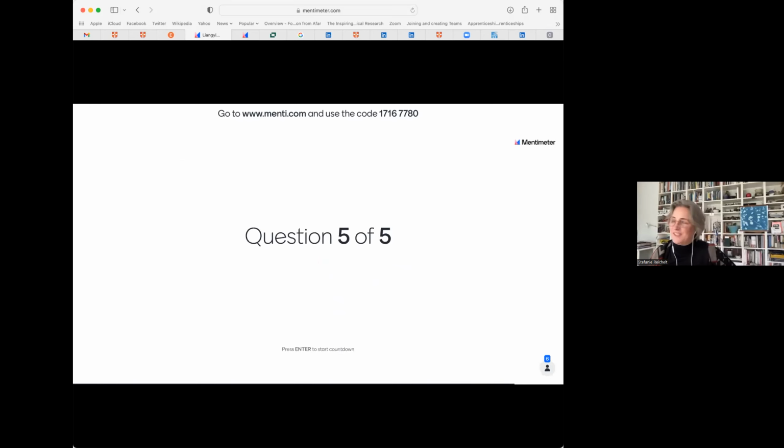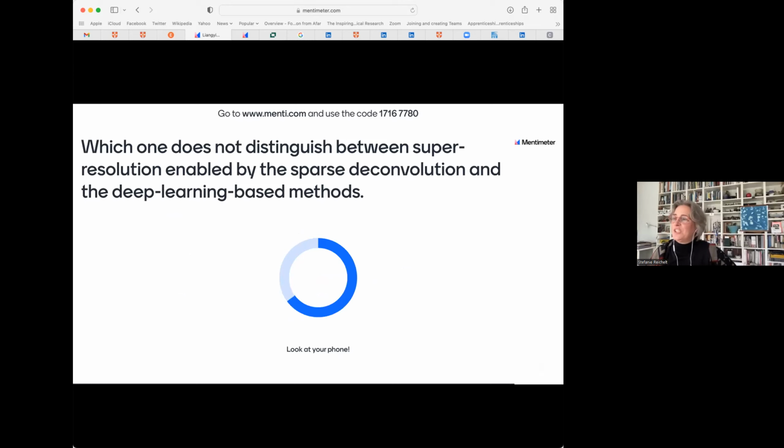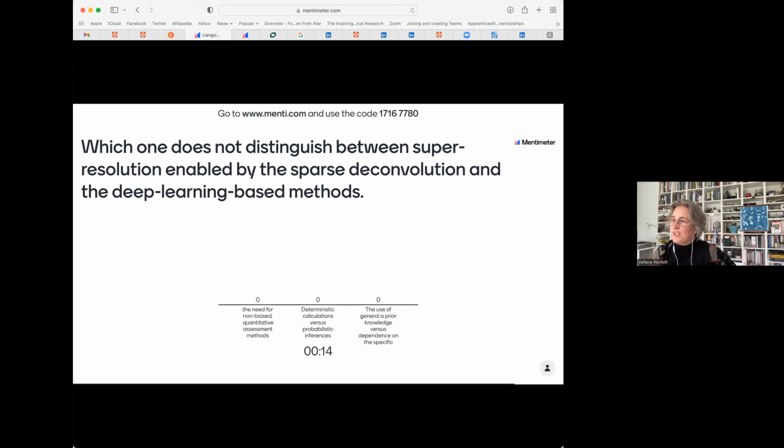And the last question, now take good care to get it right as well. Which one does not distinguish between super resolution enabled by sparse deconvolution and deep learning based methods? The need for non-biased quantitative assessment, deterministic calculations versus probabilistic inferences, or the use of general a priori knowledge versus dependence on the specific.